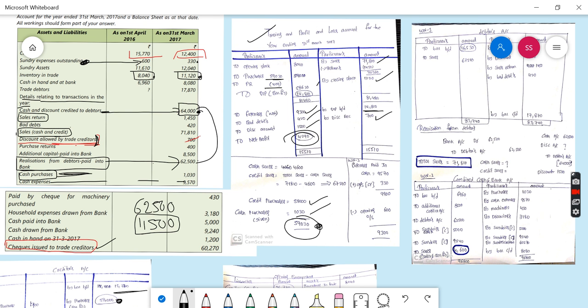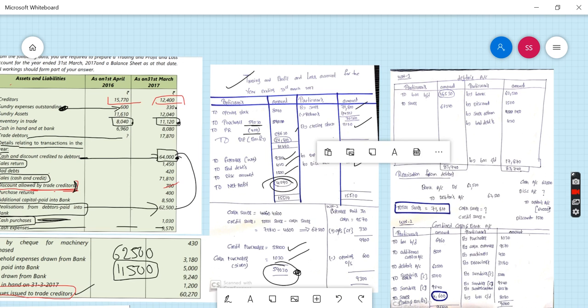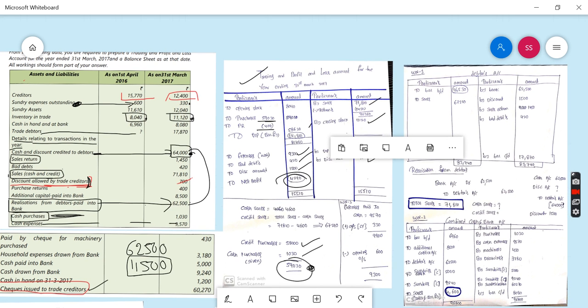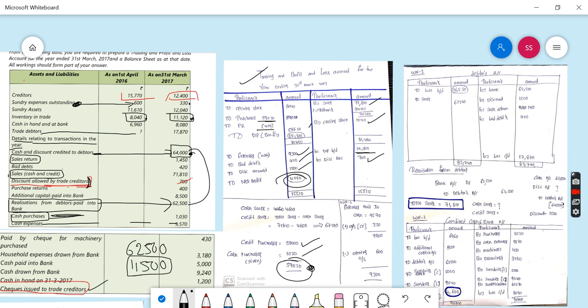And in the sundry debtors, here trade debtors, they haven't given the opening balance. So let's figure out the opening balance also. To figure out the opening balance, what do we require? We require the debtors account. They have given the debtors' closing balance, but they haven't given the opening balance.